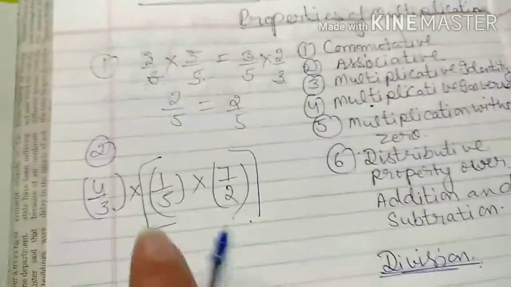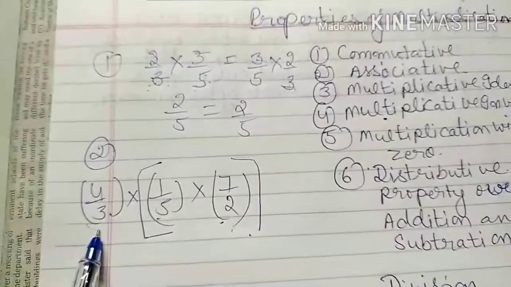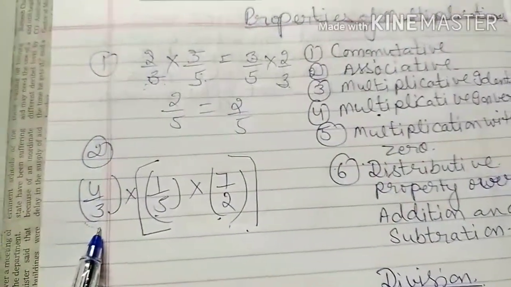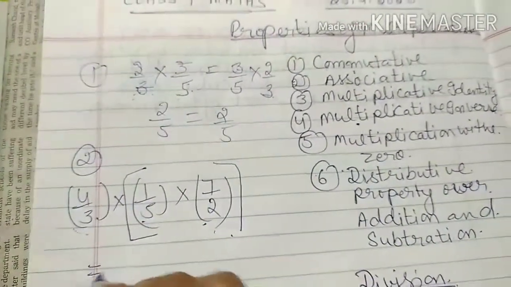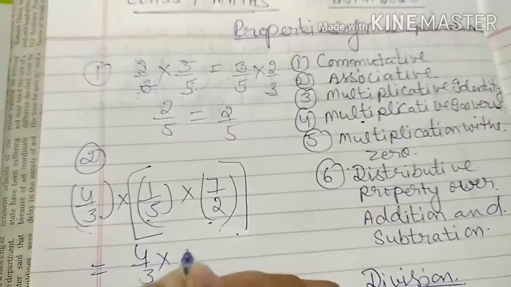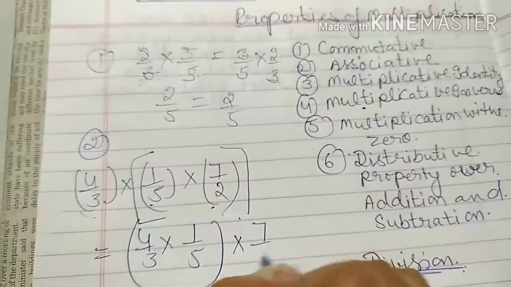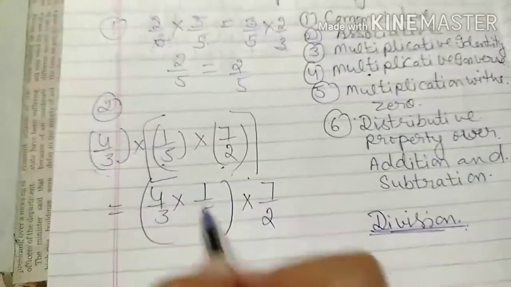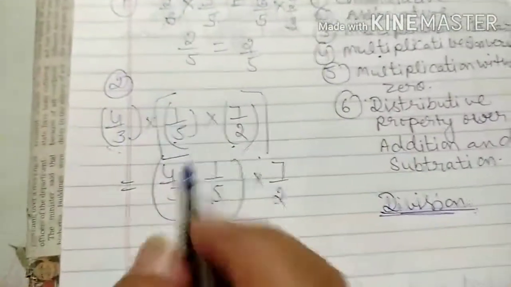If I multiply the last two fractions first and the first fraction later, I get the same answer. If I multiply the first two fractions and the third one later, my answer will be the same in both cases. Here in the first case, that is my left side.